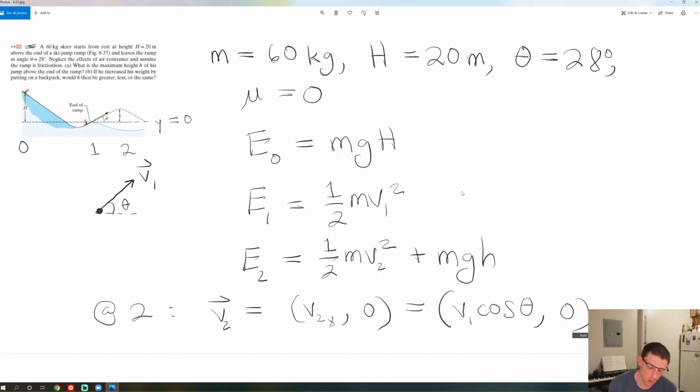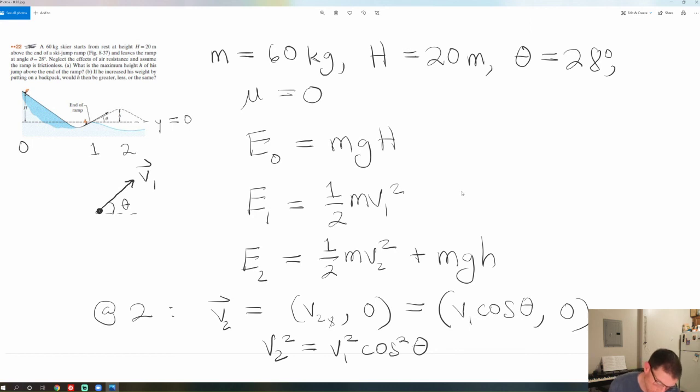And so now we're good, because what we see is when we have a vector that only has one component and we square it, it just works out to be, I'll write this out, v2 squared, if you were to apply the Pythagorean theorem, would just work out to be v1 squared cosine squared of theta, right, like that.